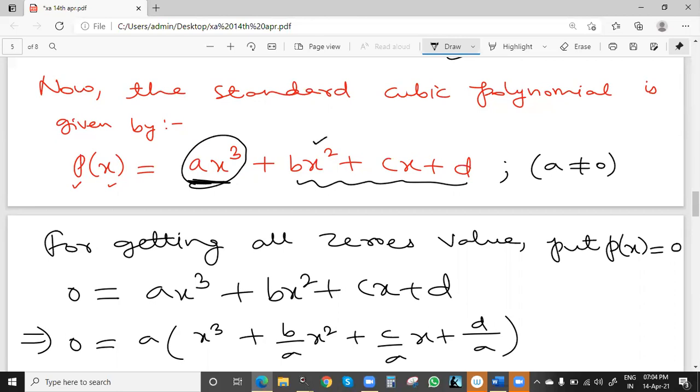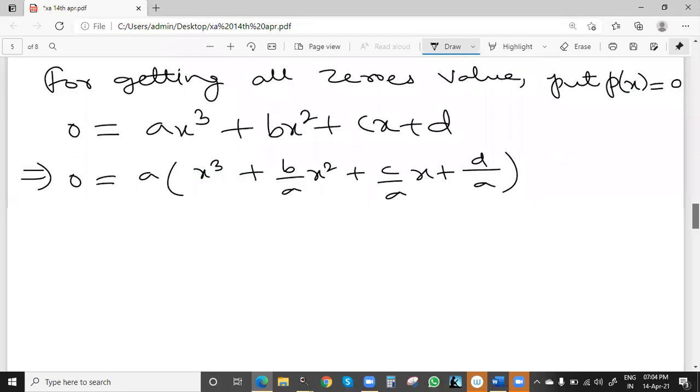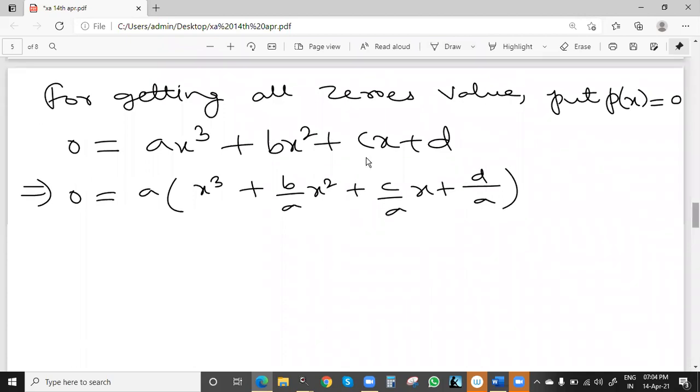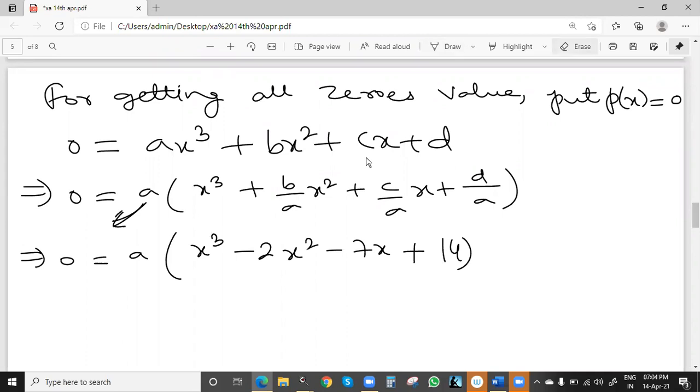So 0 we can send here, means a we can send here, and 0 by a will be 0 only, correct?